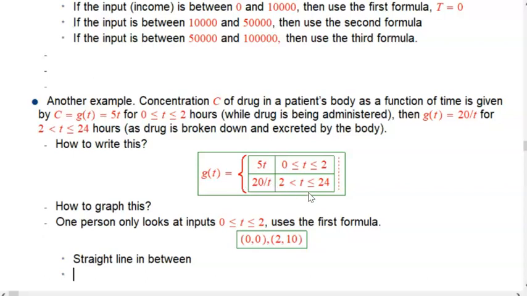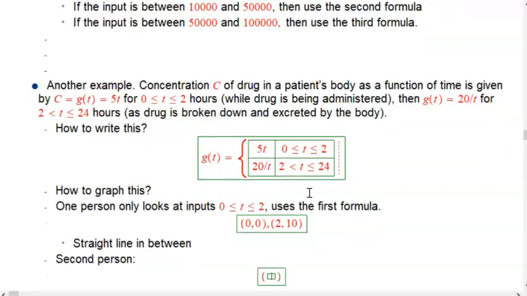But the second person, let's say they could just plot some points. Let's say if t equals 2, you're going to get 20 over 2 is 10, so that's 2, 10 again. Okay, so that's nice. They match up. They don't have to, and we'll look at that, but here they happen to match up.